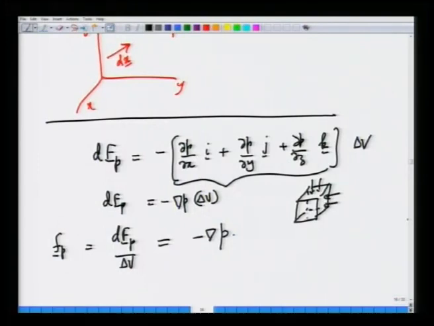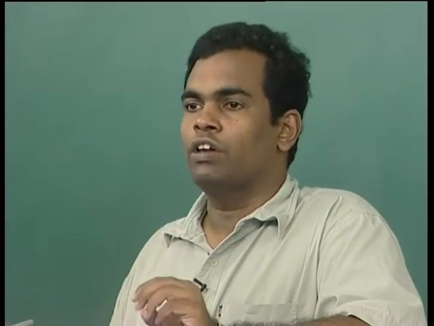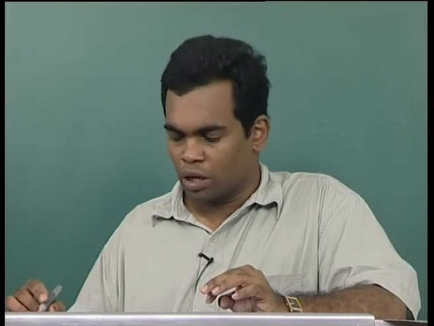If each face has the same pressure, then obviously all these forces will cancel out. There will not be a net force due to pressure, because there is no variation in pressure, and therefore the forces will cancel out, giving rise to no net force. But if for some reason there is a pressure variation across a volume element, then that will give rise to a net force on this volume element.